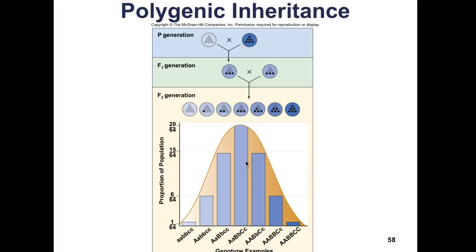If you look here, you can see the parental generation crossing over. Here you can see how it's an accumulation. The F1 generation, and then you have the F2 generation coming through, and then the proportion of the population: 20 out of 64, 15 out of 64, 6 out of 64, and 1 out of 64.